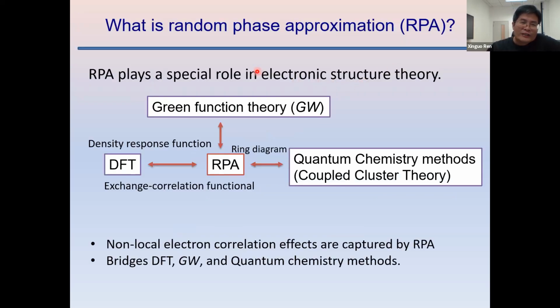Let's first try to understand what RPA really means. Here, by RPA, I mean a methodology in electronic structure theory, and it's closely related to density functional theory, because, as we will see later, it can be formulated as an approximation to the exchange correlation functional within DFT.